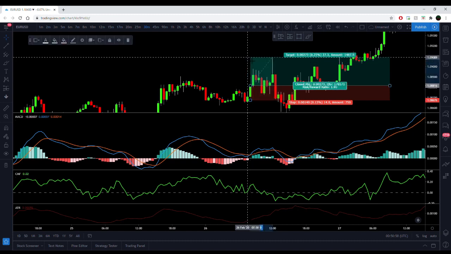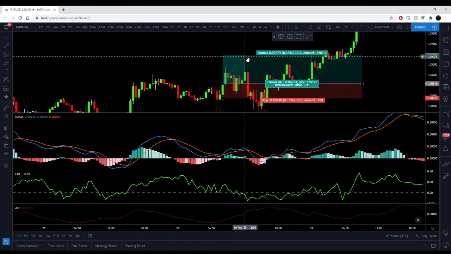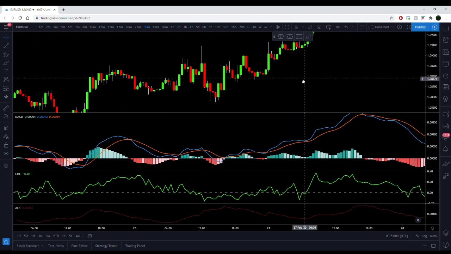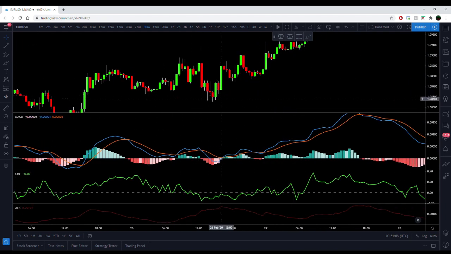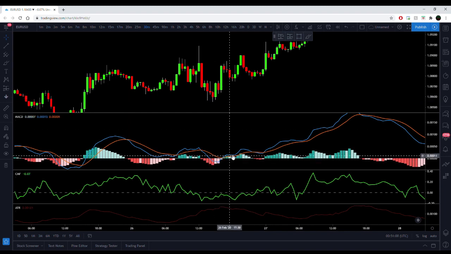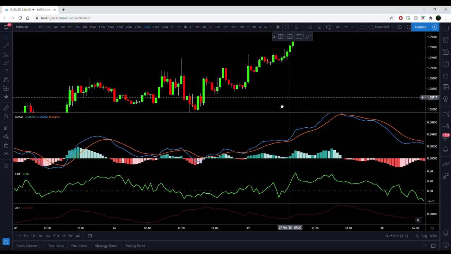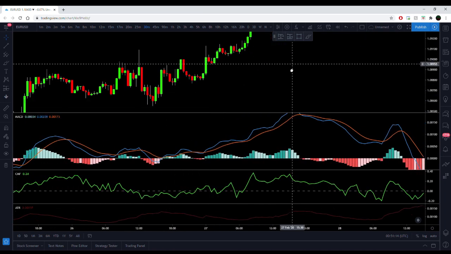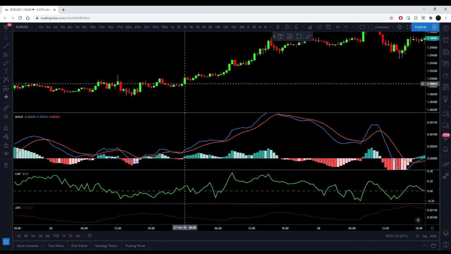It just doesn't make it to 2 times risk on that one. But then let's look for the next signal. Here's our next signal right here. Here's our next signal, and that one you don't even have to do the calculations to know it's a winner.